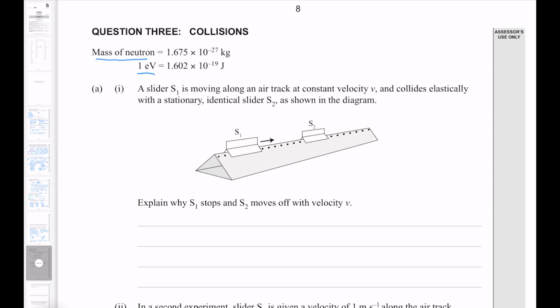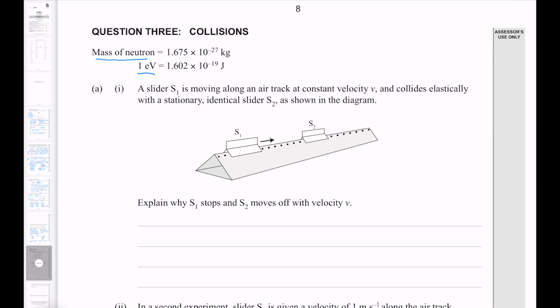This is a consequence of two things: conservation of kinetic energy, the fact that it's an elastic collision, as well as conservation of momentum. So let's bring those equations together and see what pops out.